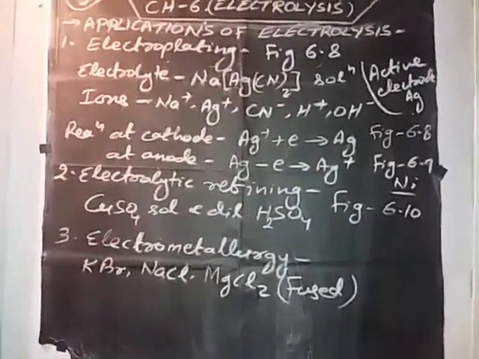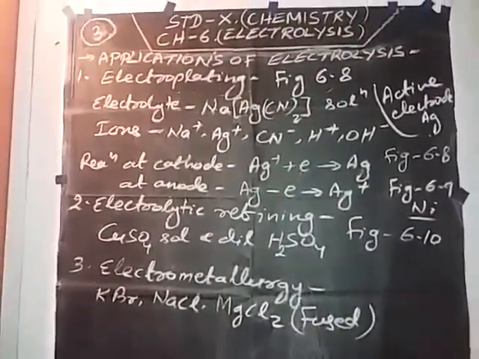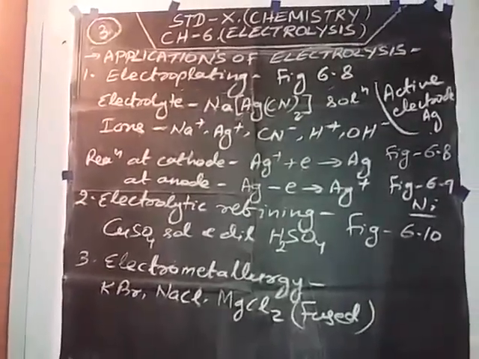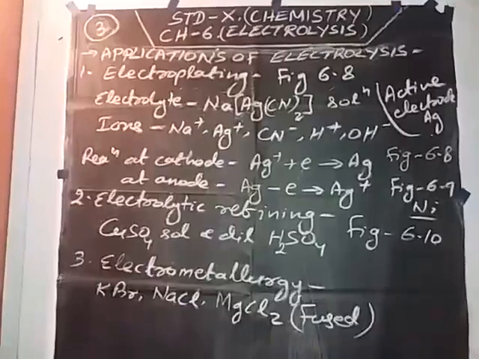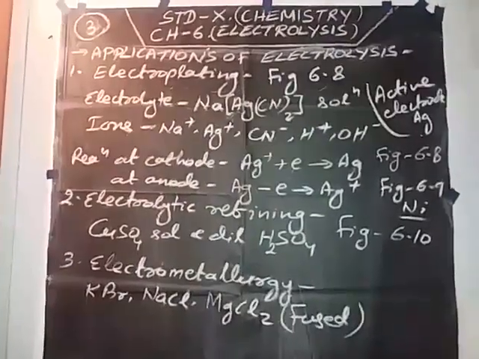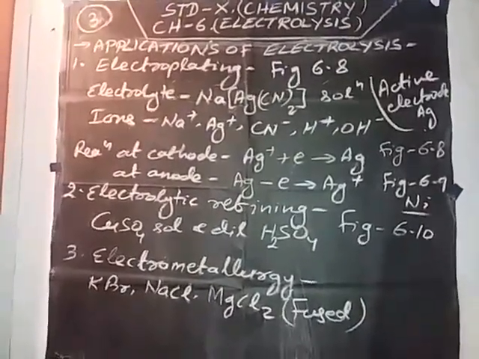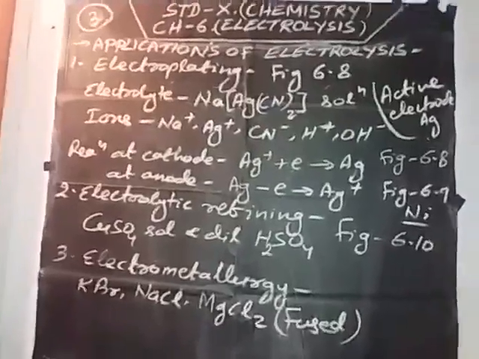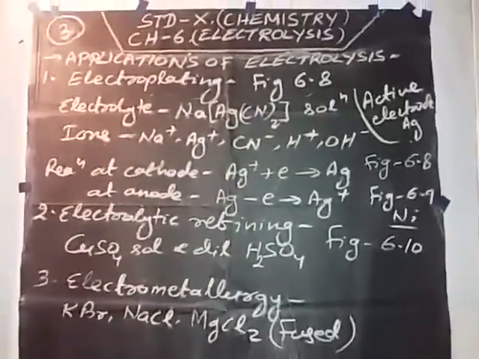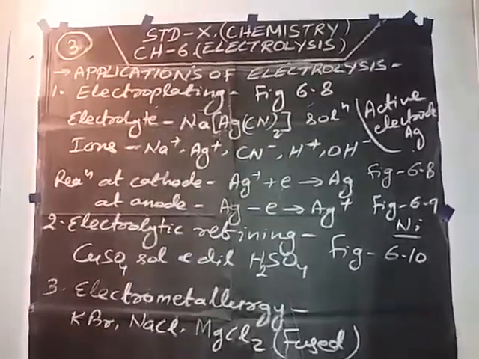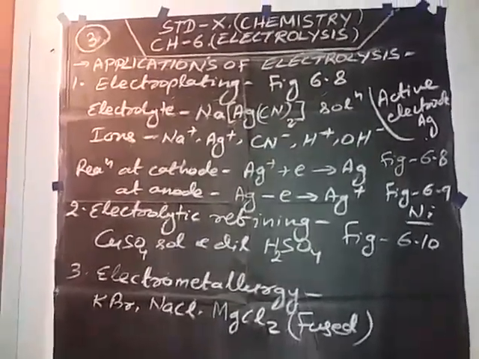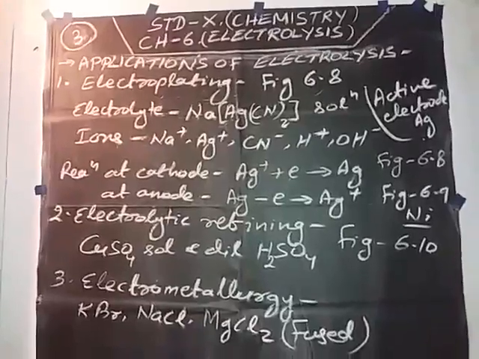During electroplating, the size of the anode decreases, but at cathode the size increases. If silver nitrate solution is used directly instead of the double cyanide, the deposition of silver will be very fast and hence not smooth and uniform. So you have to take sodium argentocyanide.